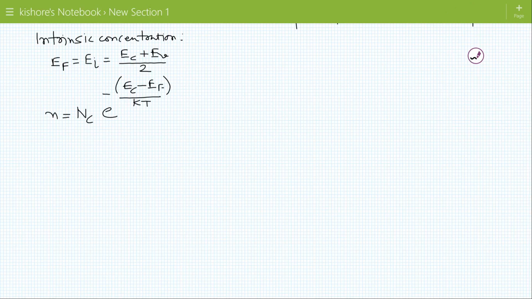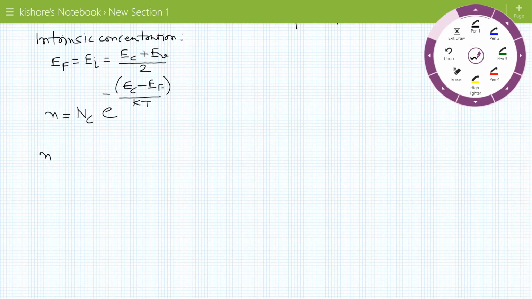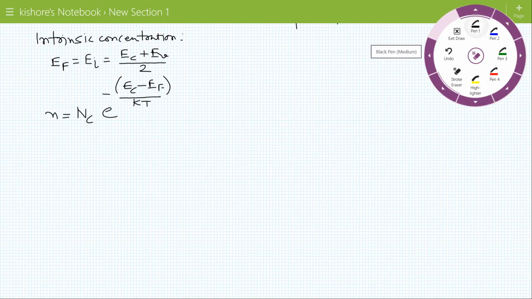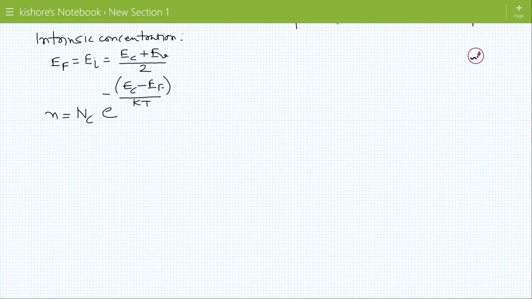For intrinsic semiconductor, n is Ni, that is Nc e to the power minus (Ec minus Ef) by kT, because Ef is Ei in case of intrinsic semiconductor.